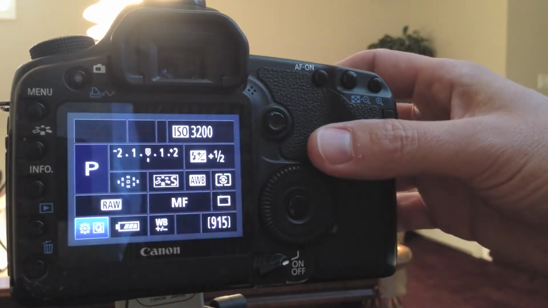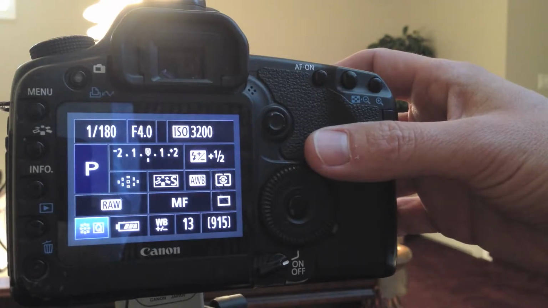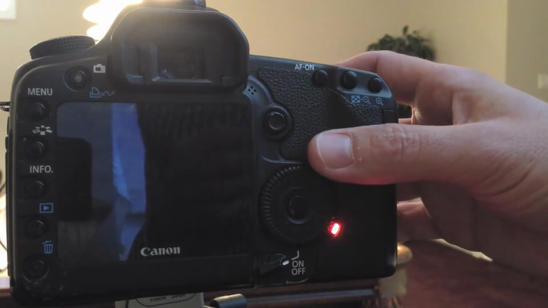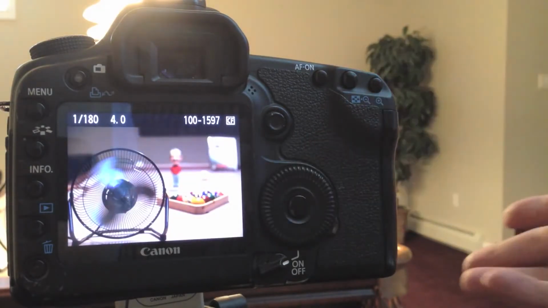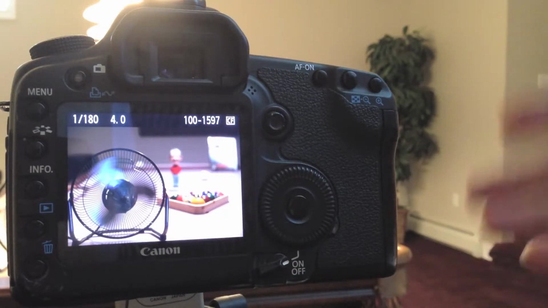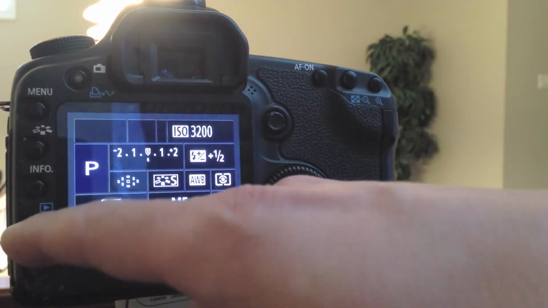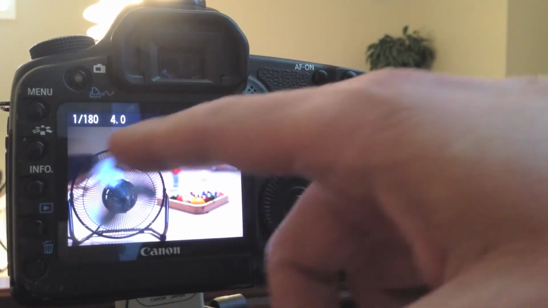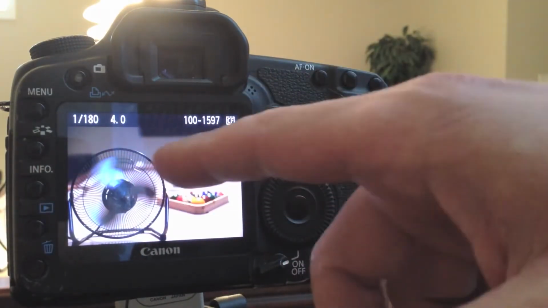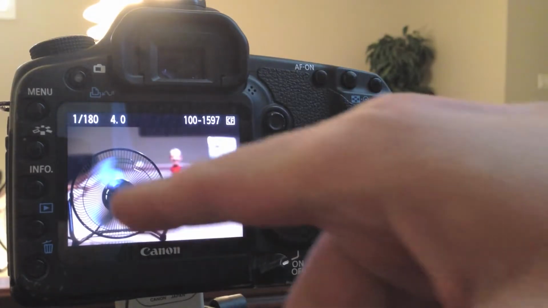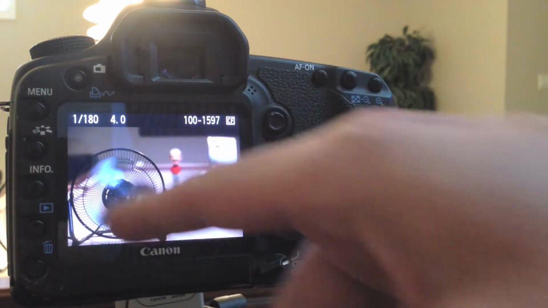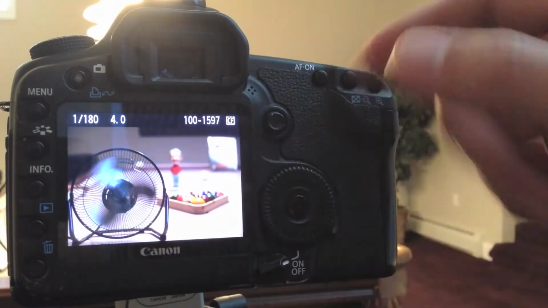That's dropping it 2 stops, so the camera will need 4 times as much light. And as you can see, the picture is still well exposed, but the camera had to change the settings to 1/180th of a second and f4, increasing the amount of light using the other factors.